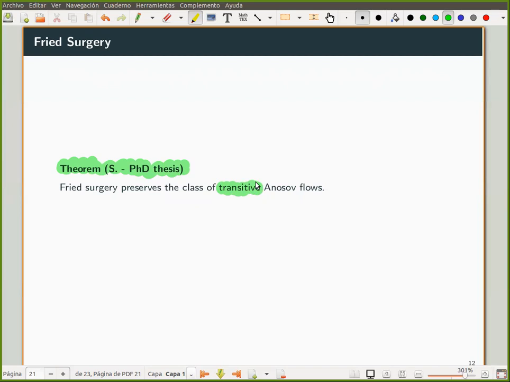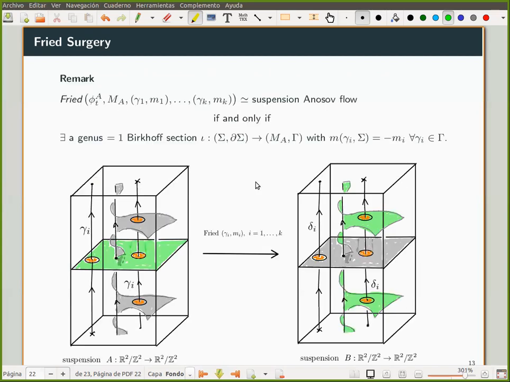And one last remark is about Fried surgeries on suspension Anosov flows. So consider a suspension Anosov flow.